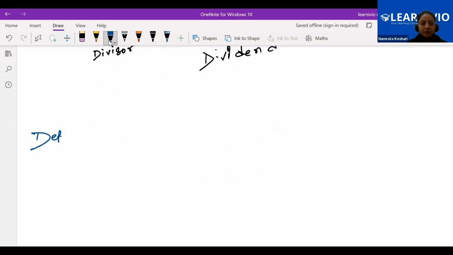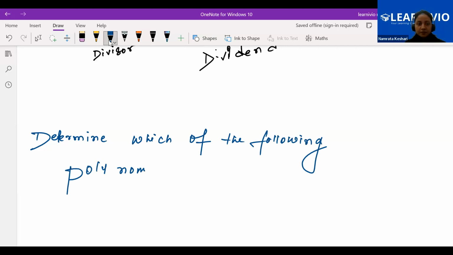Determine, see, from your book only I have taken this question. We will be discussing how to do these questions. Determine which of the following has x plus 1 as a factor.